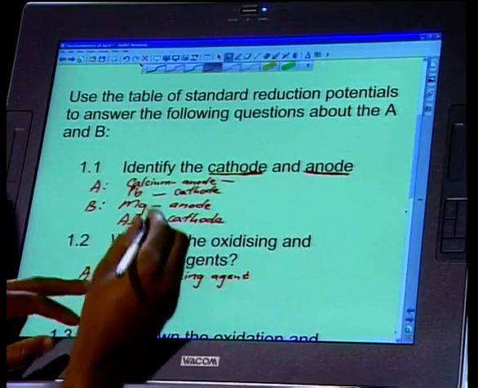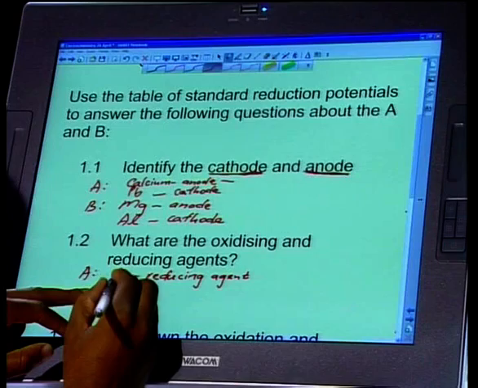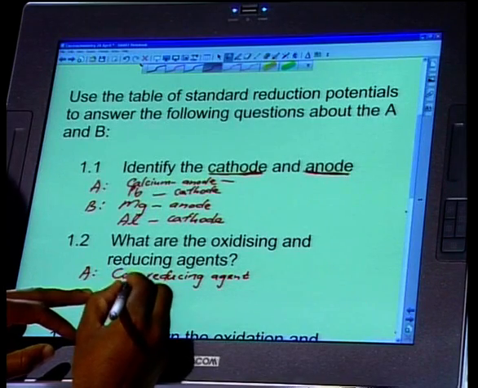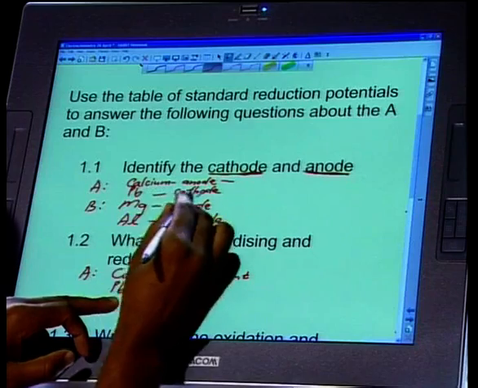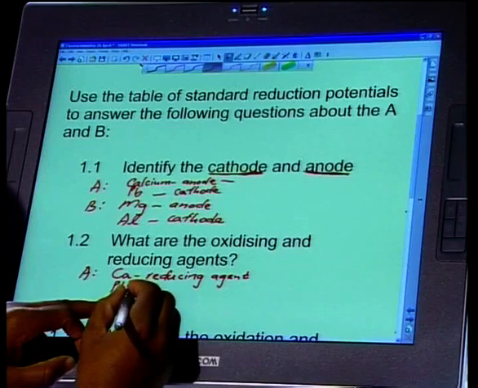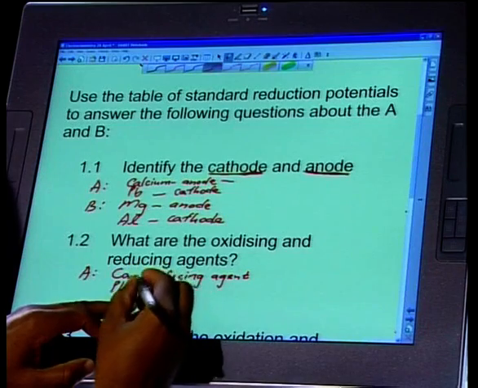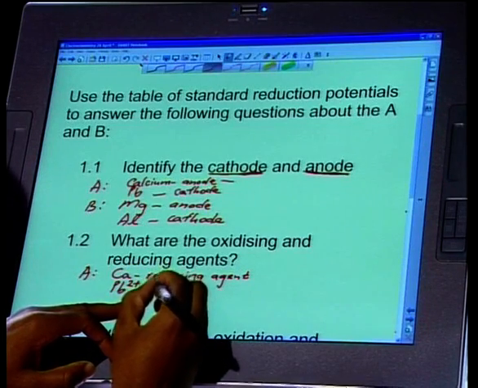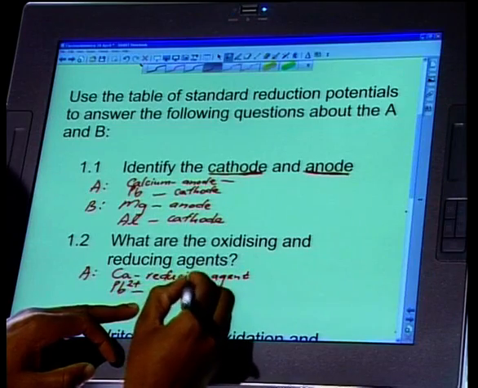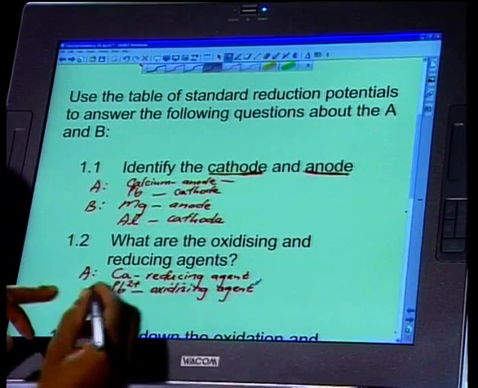And therefore, what will be the oxidizing agent? Now I said in our explanation to be careful. It's not Pb that is the oxidizing agent, but it is the ion of lead, which is Pb2+. This will be the oxidizing agent. So that's how it will be for A.